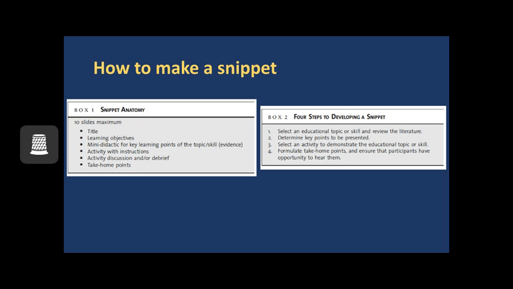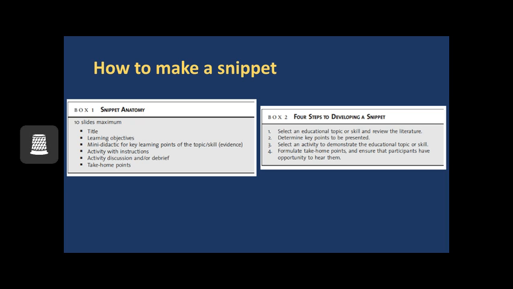Bar-On and Konopasek in 2014 describe 4 basic steps for developing snippets. The first step for a faculty development activity is to select an educational topic or skill to be taught, such as OMP or SNAPS, and then conduct a literature review to create an evidence base for the presentation.